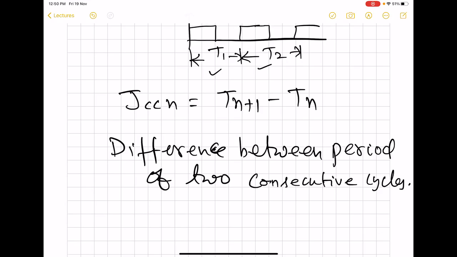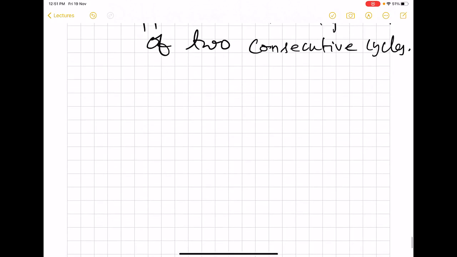So this is how we talk about the non-idealities in terms of jitter and phase noise. As was pointed out, this jitter can be deterministic and random both, but phase noise is always random. So we can take one example of deterministic jitter.